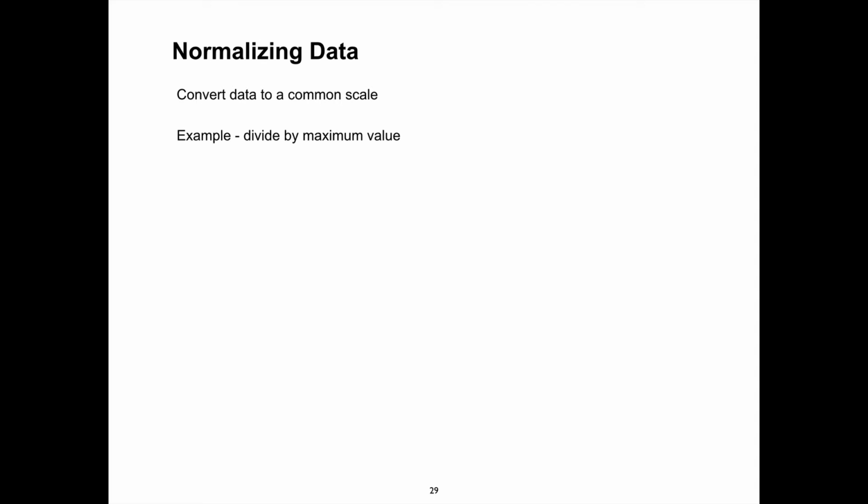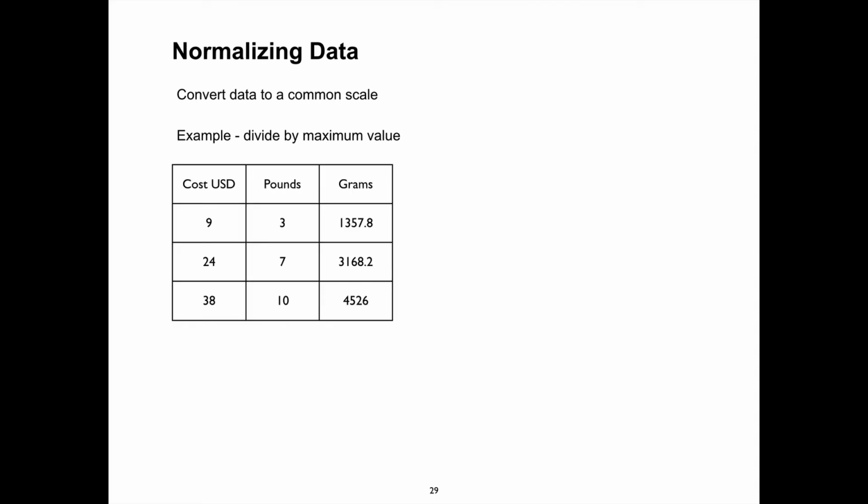So the standard technique is to normalize data, right? There are a number of different ways of normalizing data. One way is just to divide by the maximum value. So here are our values. I'll divide the cost by 38, and so that becomes 1, this becomes less than 1.